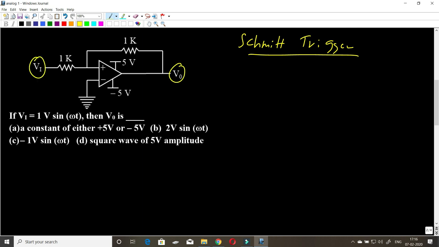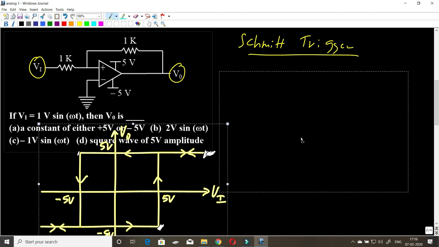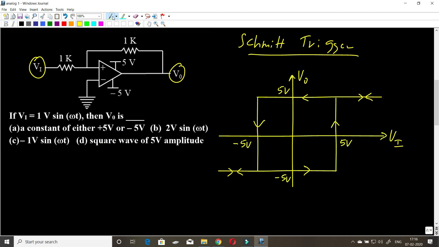So for this Schmitt trigger also, if you plot V0 versus Vi, you will get the following plot. So this is the resulting plot between V0 and Vi for this Schmitt trigger. You can observe that the two trip points are plus 5 and minus 5. And also the loop is in the counterclockwise direction.